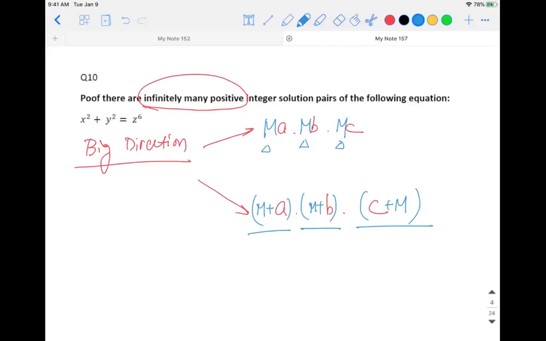So this is very important. You create an m and use it as a seed. As long as m is changing, the new solution pairs will be changing. This is extremely important.